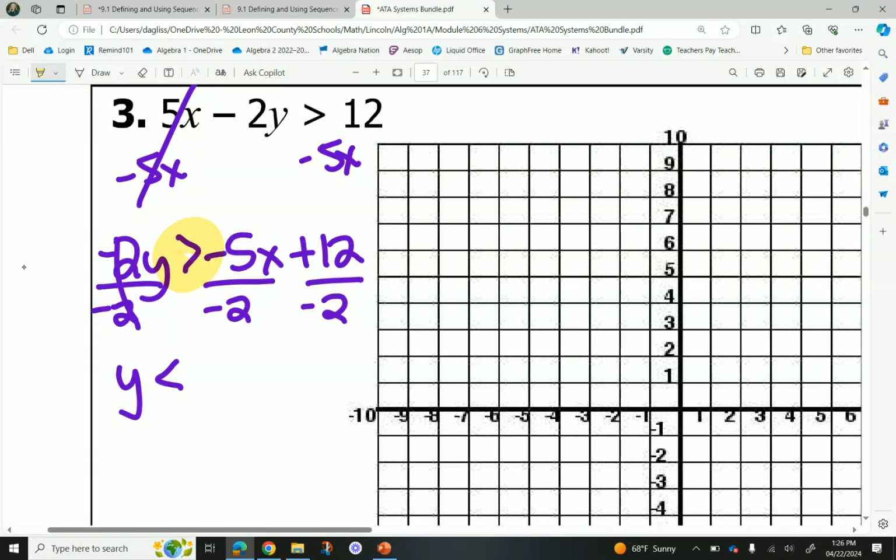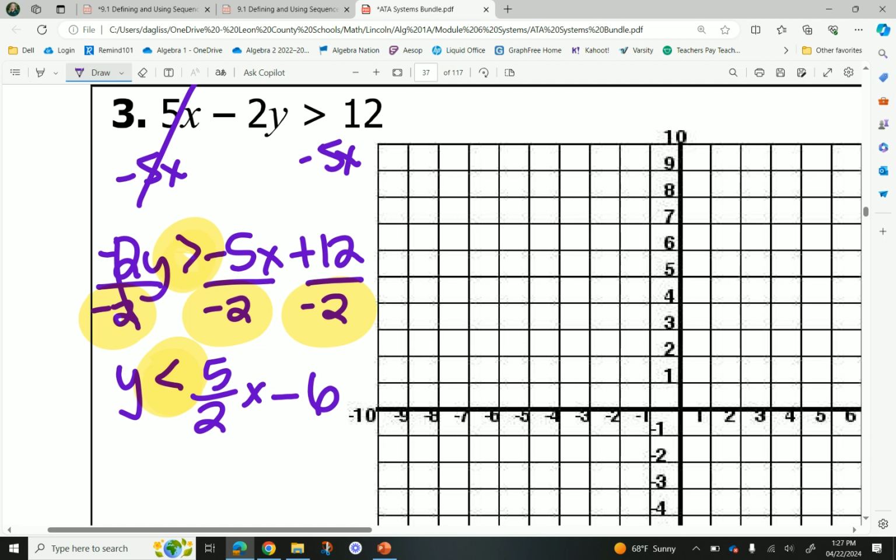Our sign is going to flip, and that is only because we divided by a negative 2. Okay? Negative 5 over negative 2 is going to be positive 5 halves x. Positive 12 divided by negative 2 gives me negative 6.